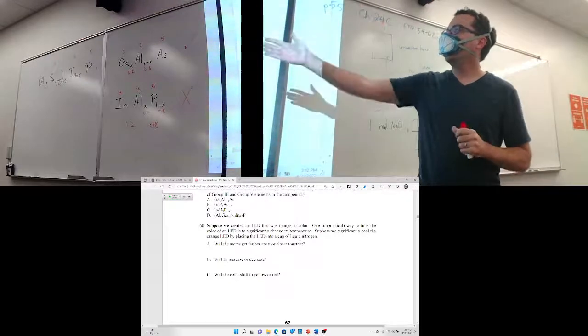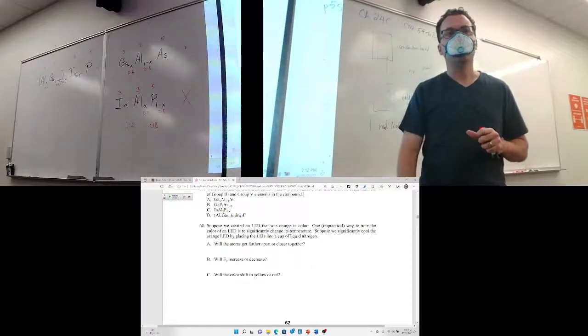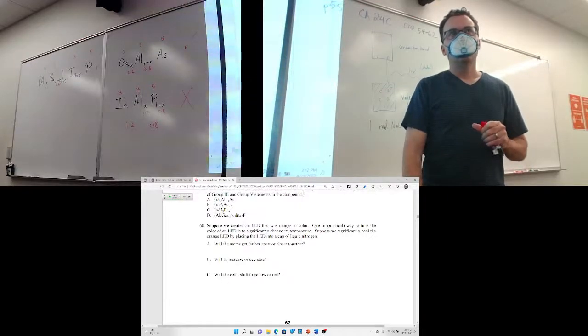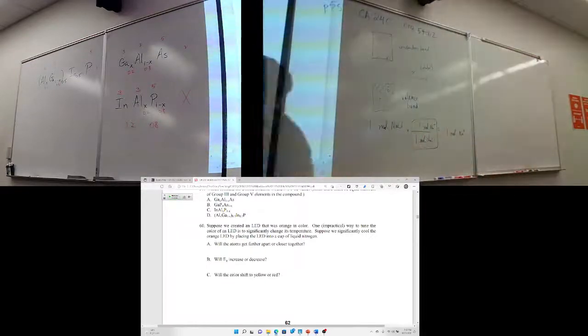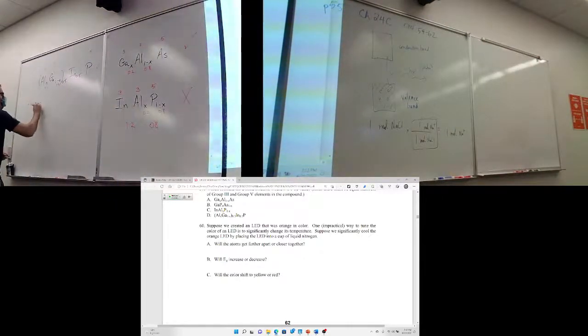And so, would the orange LED turn yellow or red? So band gap goes up. So it's currently here. Which way is more energy, which way is less energy?